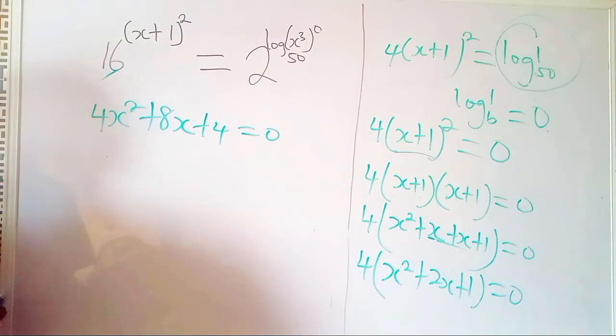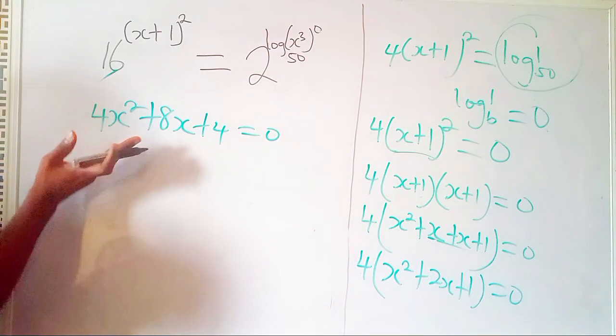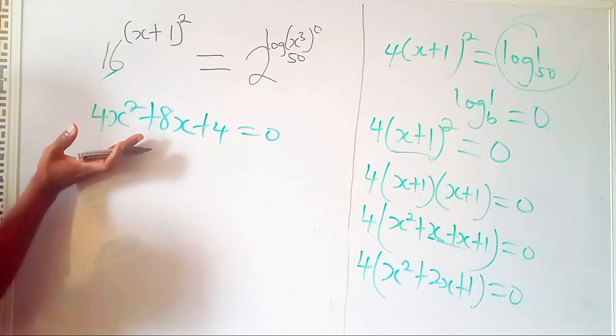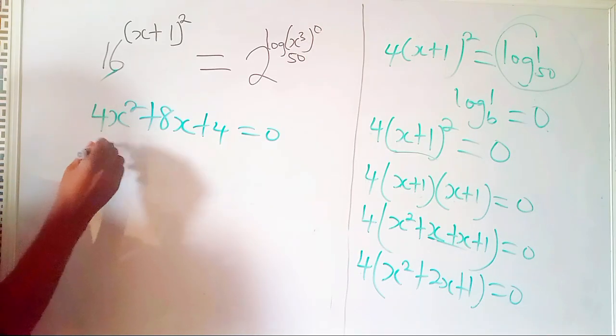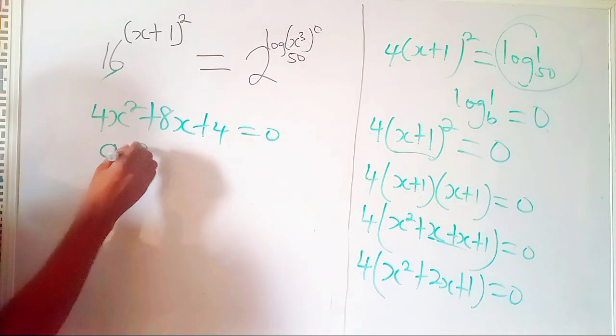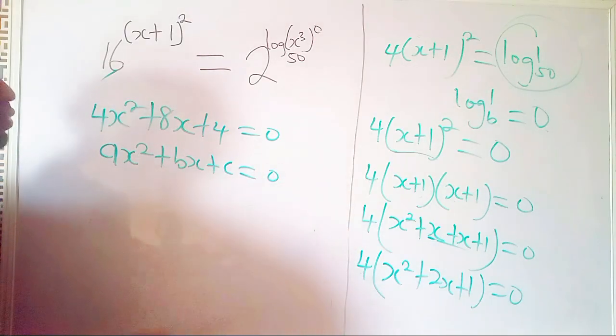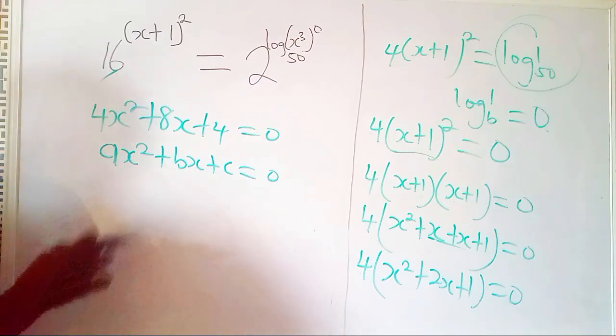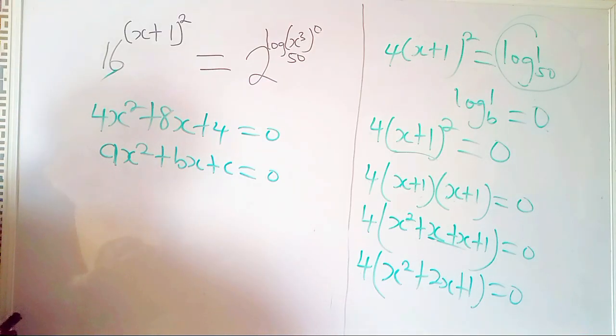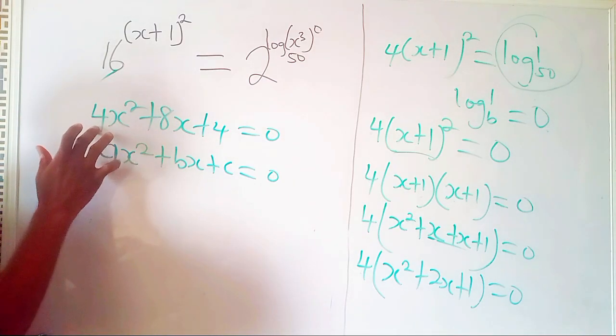So now this has formed a quadratic equation in the form ax squared plus bx plus c is equal to 0, right? Since this has formed a quadratic equation, we factorize it by doing what?